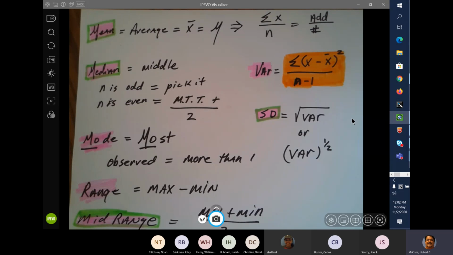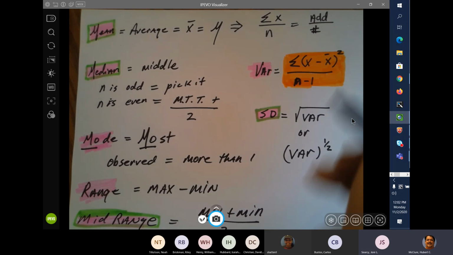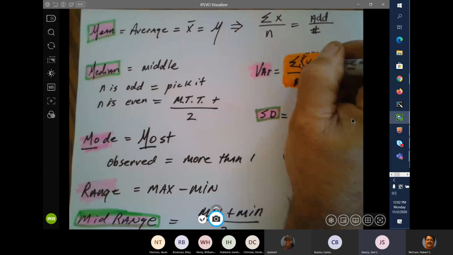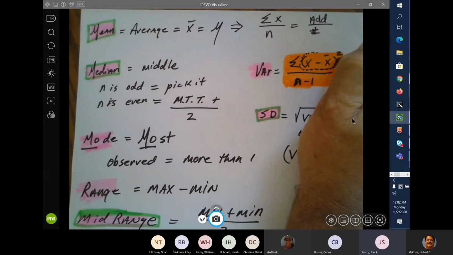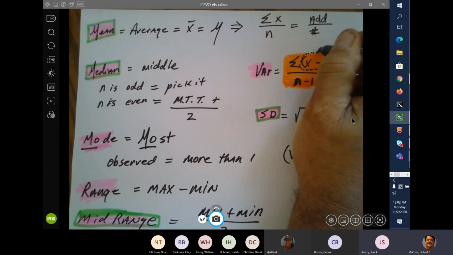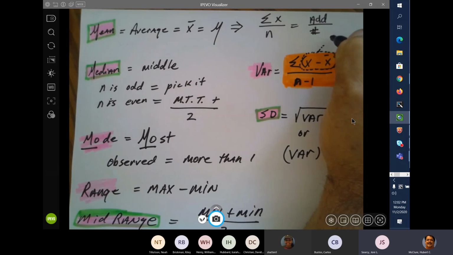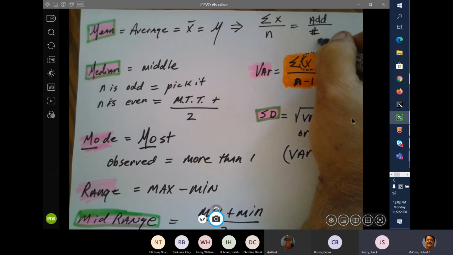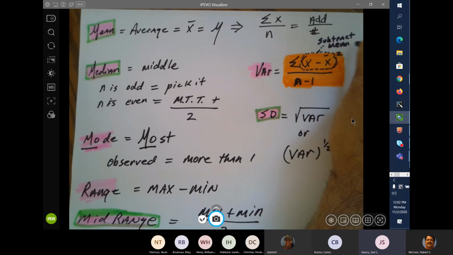I don't have a color that can penetrate that yellow, so I'm just going to use black. That right there, I've got to subtract the mean from each number.